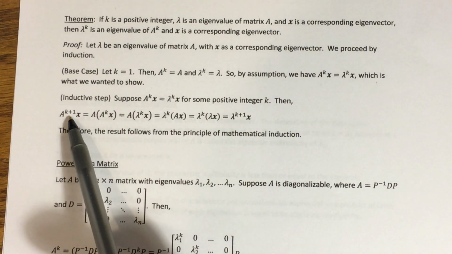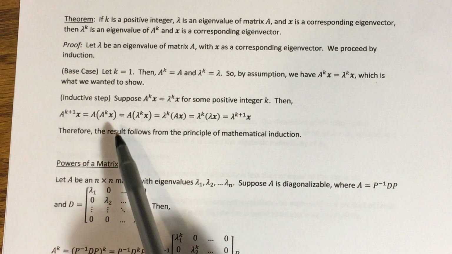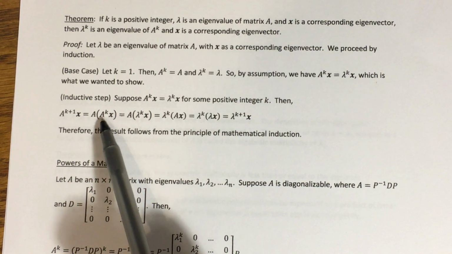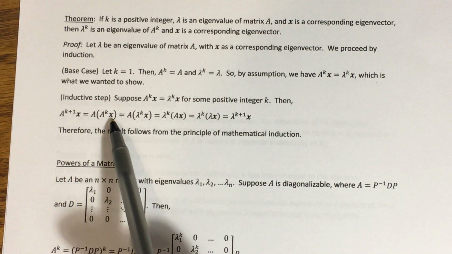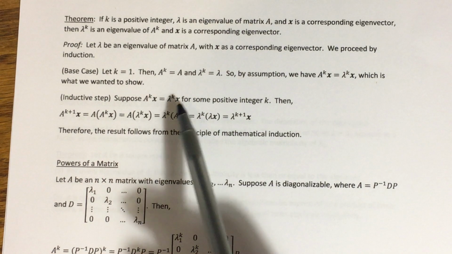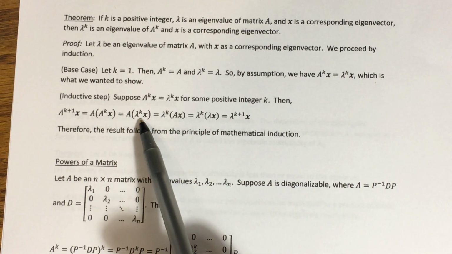So what I'm going to do is just use a property of exponents here. A to the k plus 1 is the same thing as A times A to the k. And if I group up these two terms here, this is where I get to use my assumption. The A to the k x here, we assumed, is equal to lambda to the k x, which shows up here.